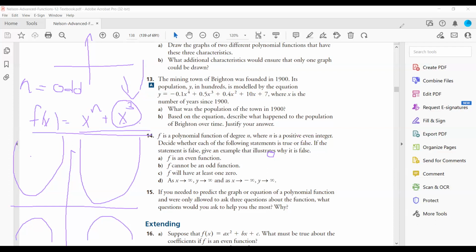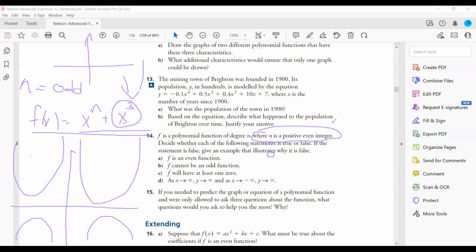Yes, sir. I'm 100% sure, because for some reason I didn't see it even the second time. So it says that n is a positive even integer.